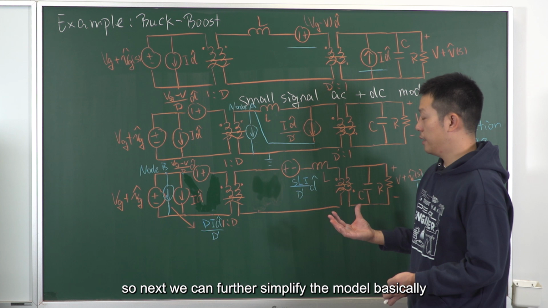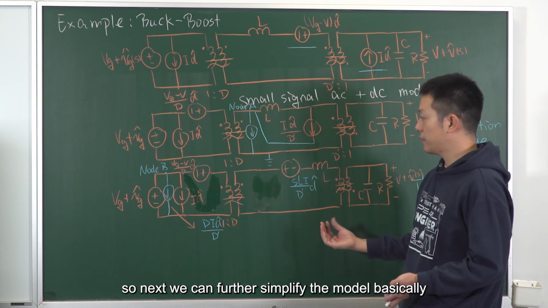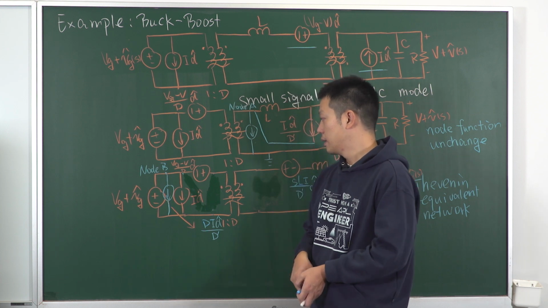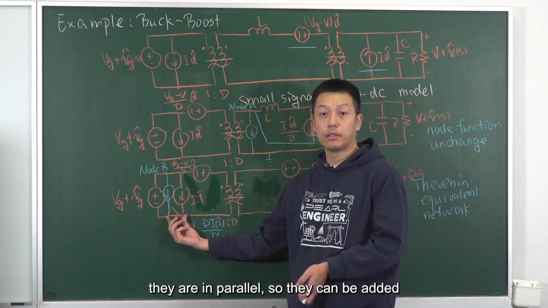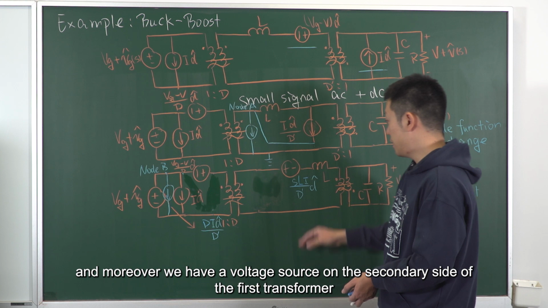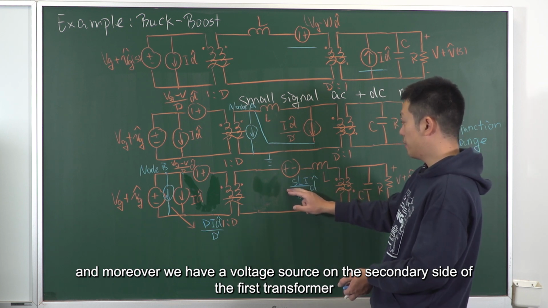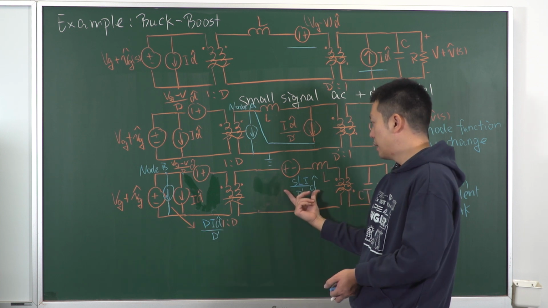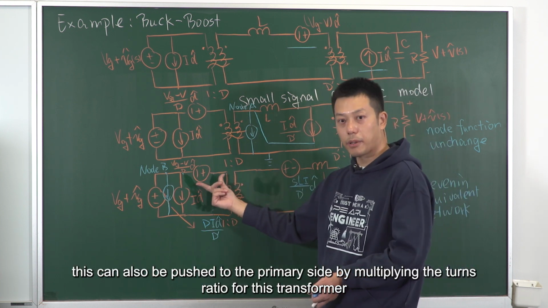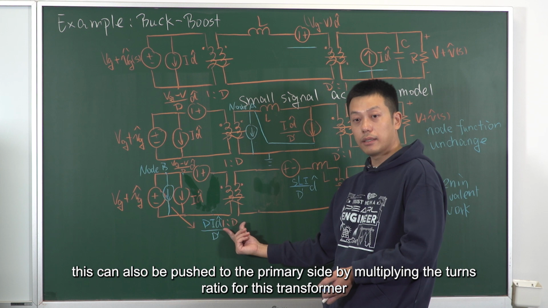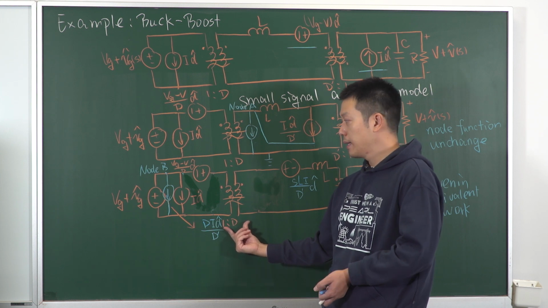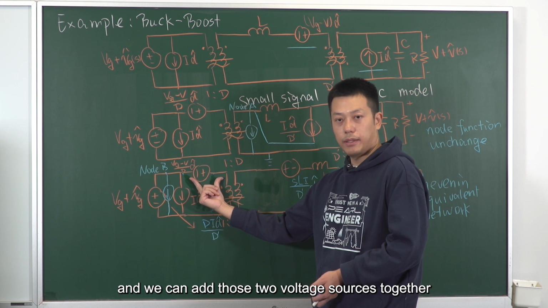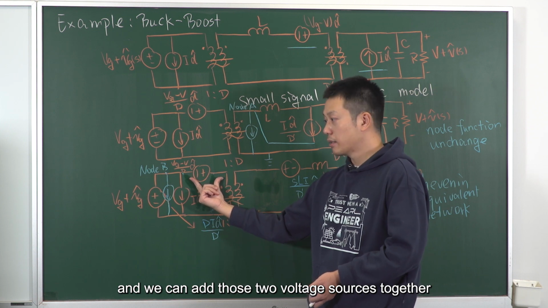So next, we can further simplify the model. Basically, we can see that we have two current sources. They are in parallel, so they can be added, right? And moreover, we have a voltage source on the second side of the first transformer. This can also be pushed to the primary side by multiplying the turns ratio for this transformer. And we can add those two voltage sources together, right?